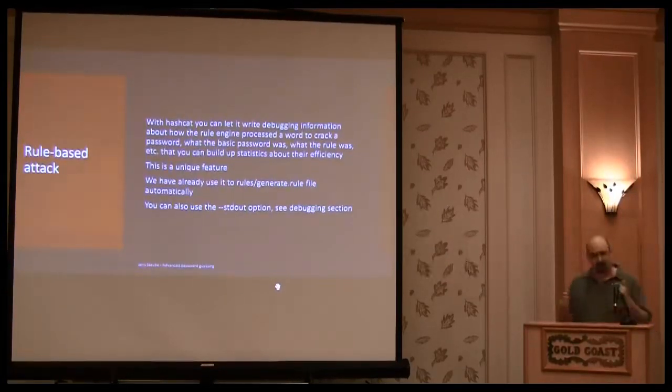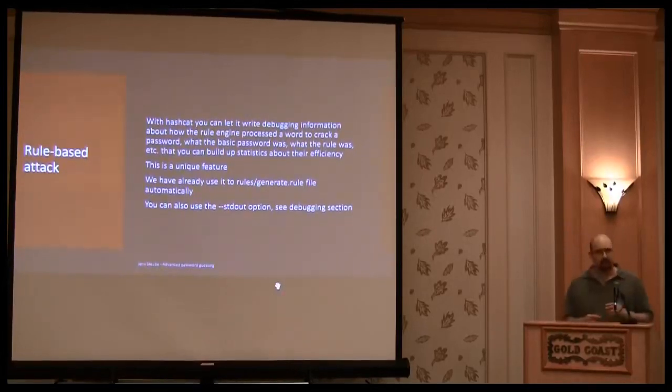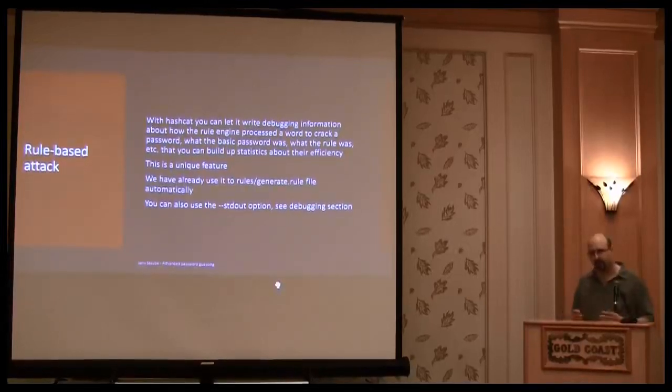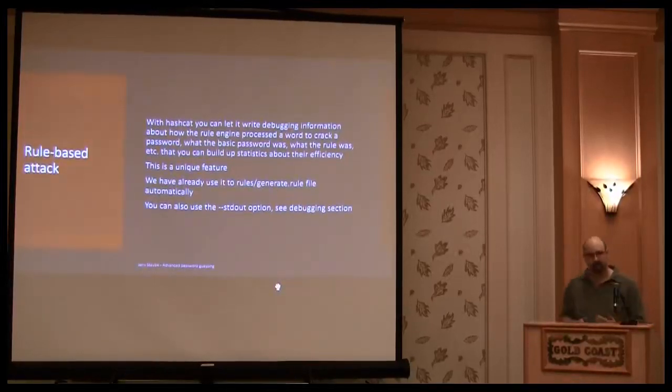It will write the word, n times it cracks the password, into a file. And the same is true for the rule. So if you want to find out which rule inside the rule file was very efficient, you can use the debugging feature, and it will output the rule n times the number it found that it cracked the password.